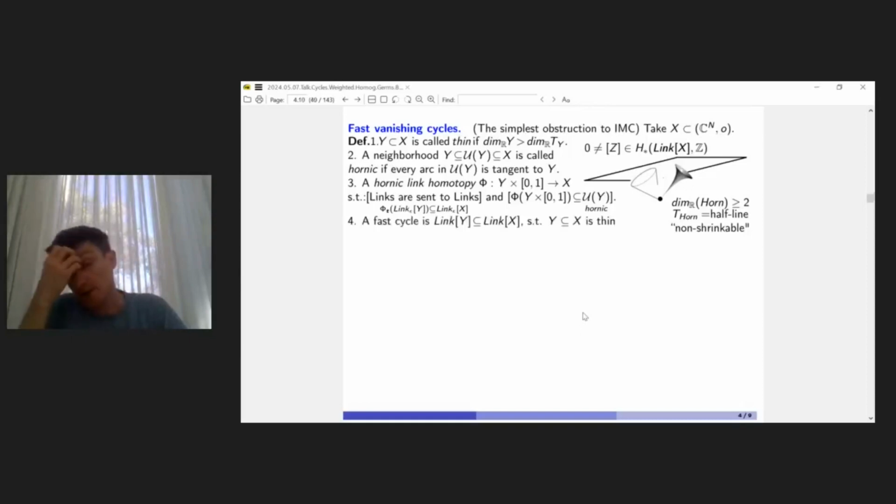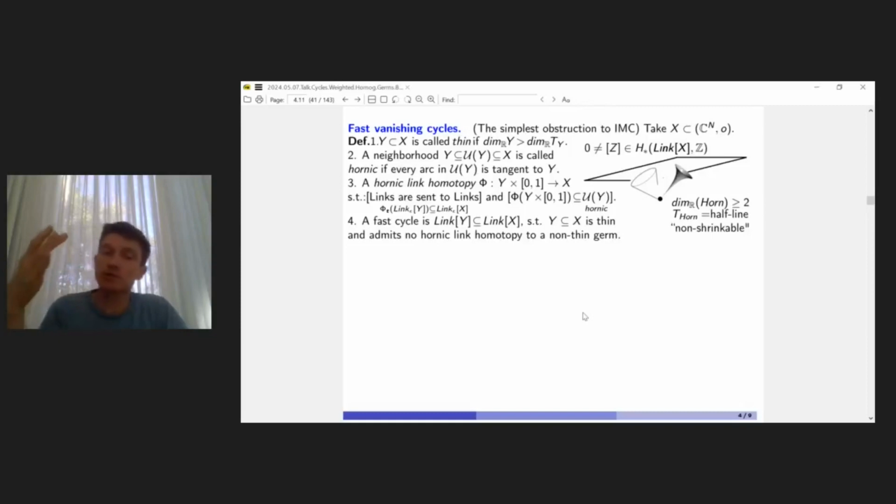And our first cycle is a cycle on the link of y, such that the germ y is thin, in the previous sense, and it admits no hornic link homotopy to a non-thin germ. So sometimes you could face a thin germ, but you could just shrink it to a line, which is not interesting.